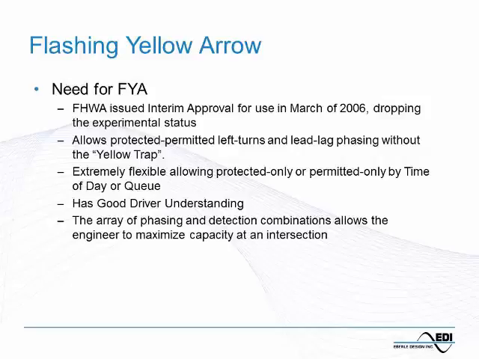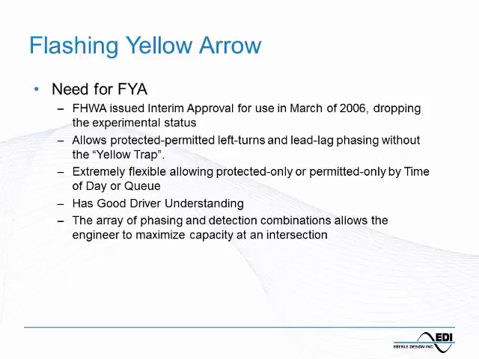At the time, Federal Highway did a study across North America, and they found somewhere above 10 to 12 different ways that agencies were implementing protected permitted left turns. That's pretty confusing for motorists as they travel around the country. So one of the motivations was to try and eliminate some of the more obscure ways to do protected permitted left turns and focus on this flashing yellow arrow scheme.